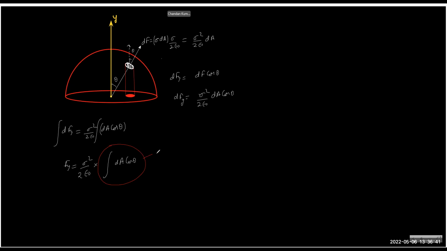Therefore, this is nothing but the projected area, which is equal to the area of the base. Understood? And therefore the force turns out to be sigma square by 2 epsilon naught into pi r square.